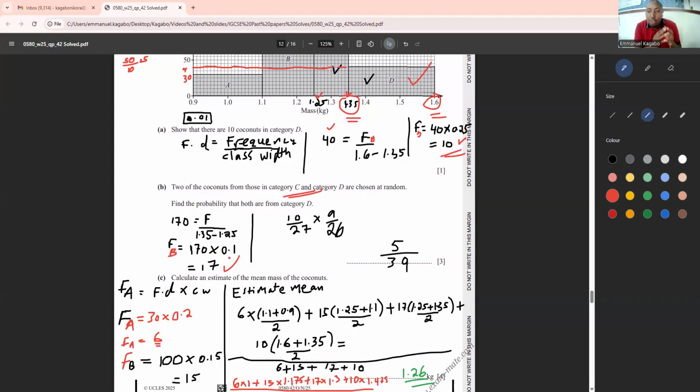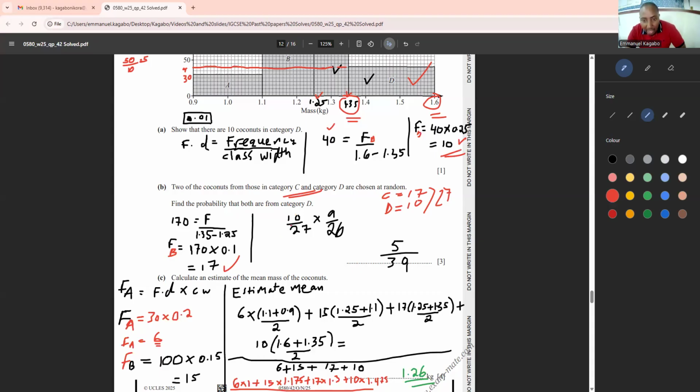Now the question is asking you the probability for picking from category C and category D. Now, what's the total of the frequency for category C and D? The frequency for C is 17. For D it is 10. So the total of the two is 27. So what's the probability now? Find the probability that both are from category D. So that means D, they are 10.